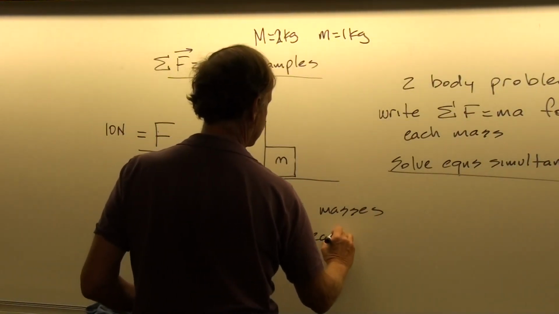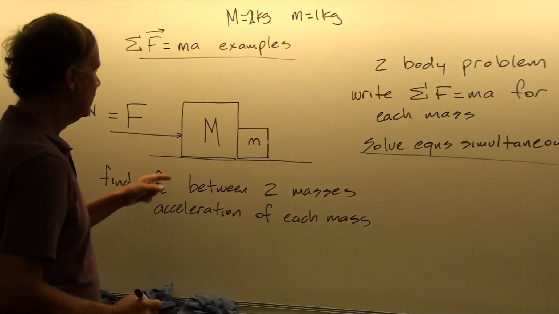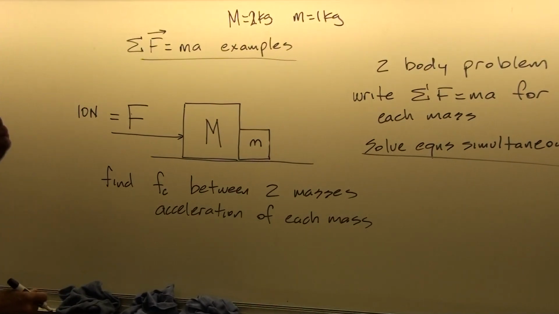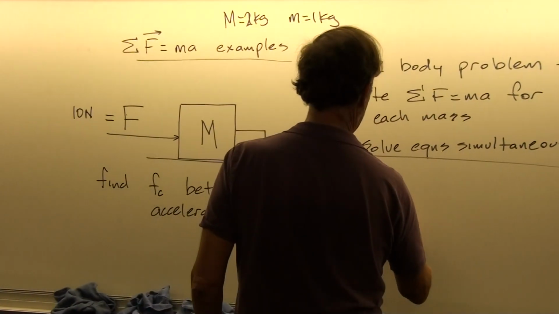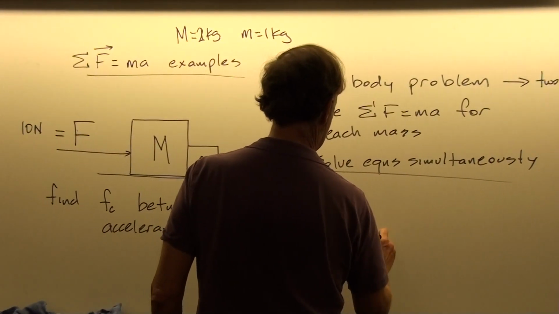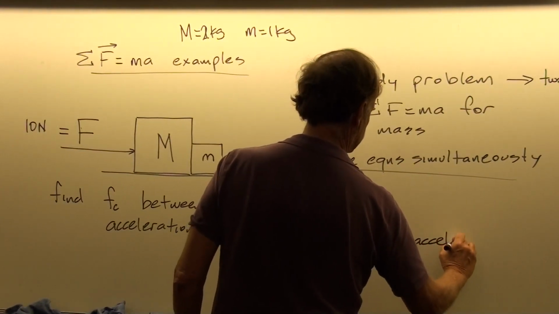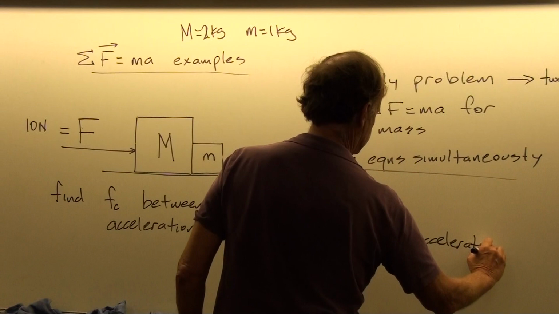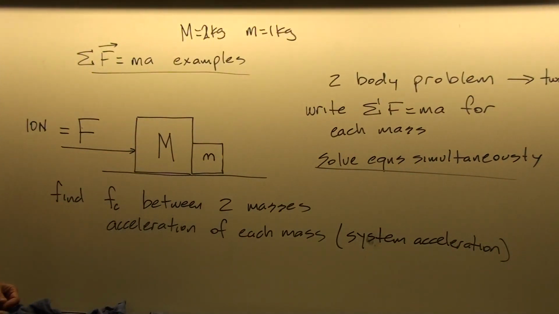So that's also the acceleration of each mass, because each of the masses are moving together. So we have the acceleration of each mass, and this is also the system acceleration. So how to go about this? Well, what we want to do is really break this up into two vector diagrams.